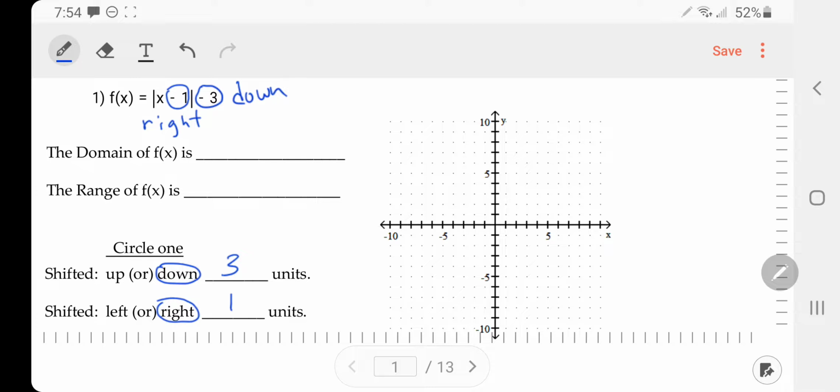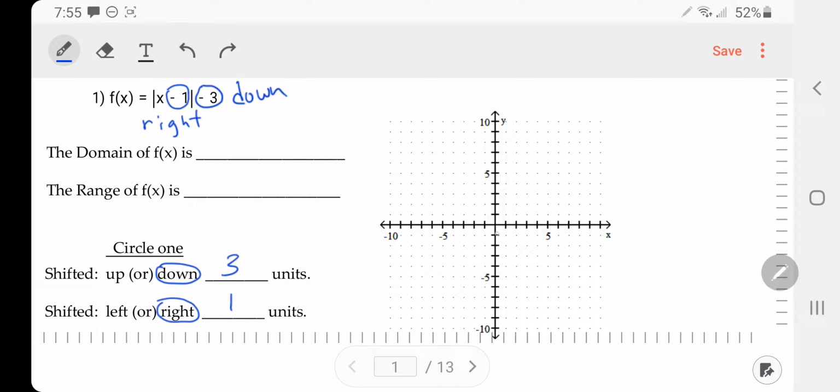Now, once we know the transformations, it should be super easy to get the graph, because we know that a standard absolute value makes a V centered at the origin, but our graph is going to be shifted down 3 and right 1.